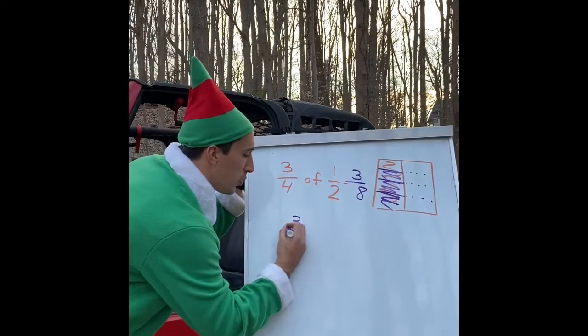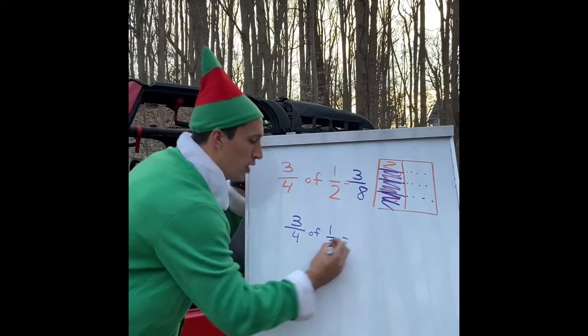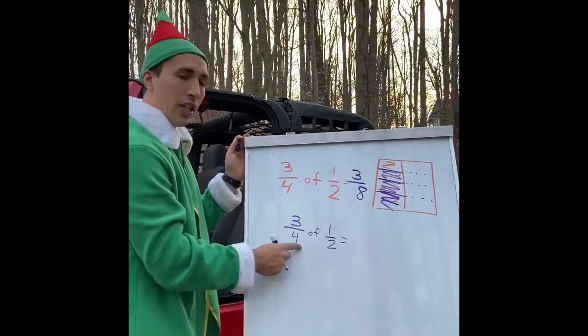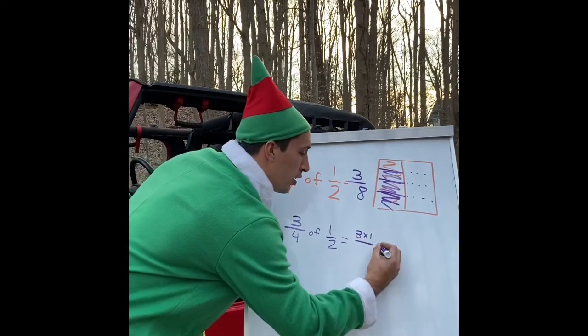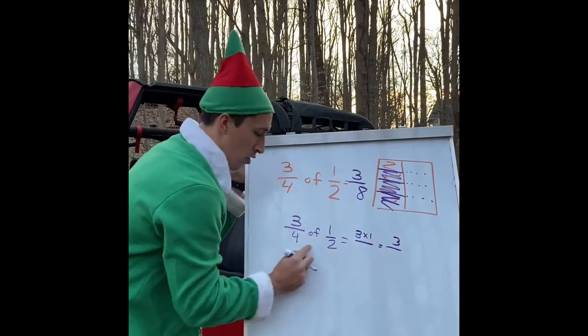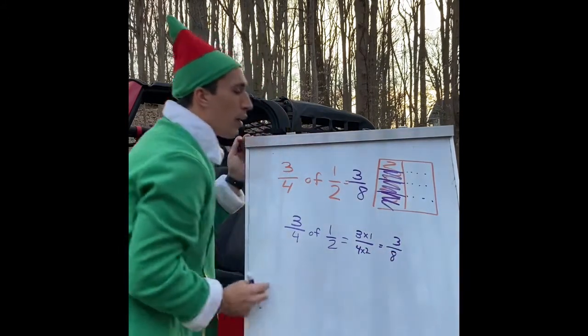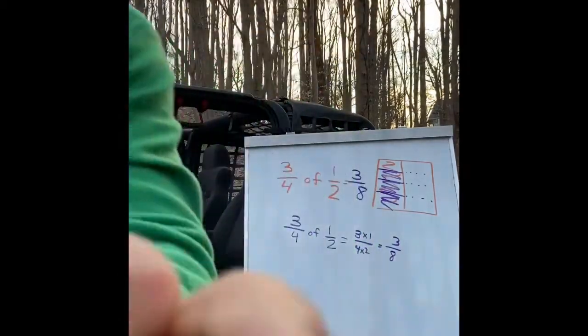Or remember, if I do it this way, I multiply across. Numerator times numerator, denominator times denominator. 3 times 1, 3. 4 times 2, 8. Our answer equals 3/8.